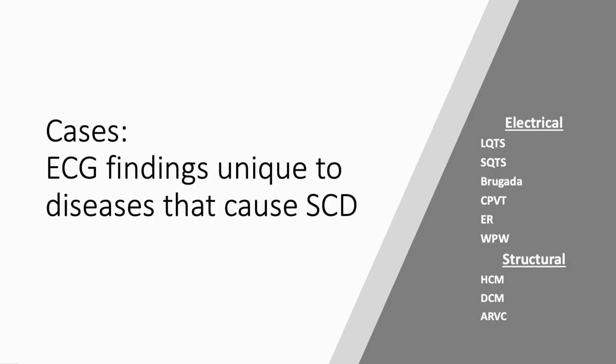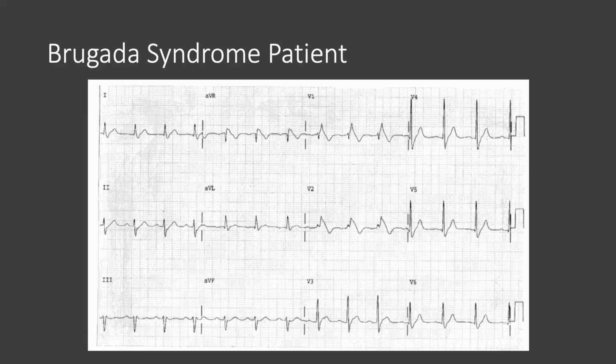Now let's move on and look at some cases from patients with diseases that we haven't talked about already. Here you see the classic pseudo right bundle branch block with a coved ST segment elevation in leads V1 and V2. Patients with Brugada syndrome tend to have sudden cardiac death due to ventricular fibrillation that occurs at night or when they're at rest.